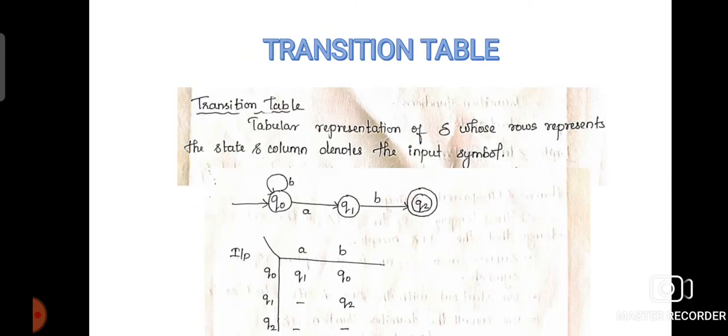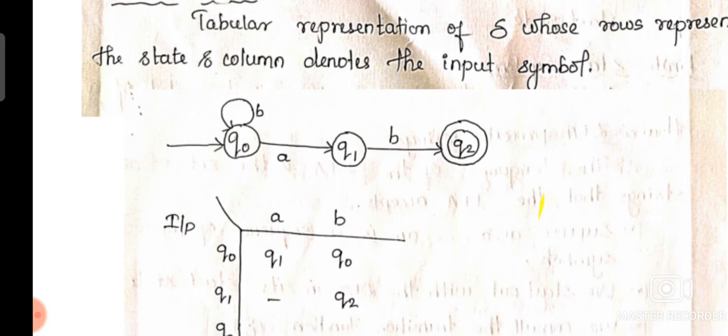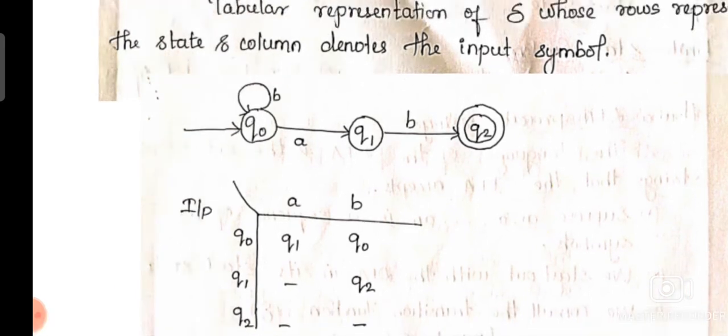The next form of representation is the tabular format. In the tabular form, row wise we represent the states of the system like Q0, Q1, Q2, and column wise we put the input symbols. So for the corresponding diagram, we have the table. In the table itself we can understand Q0 is the state. Q0 will consume A and change to the new state Q1.